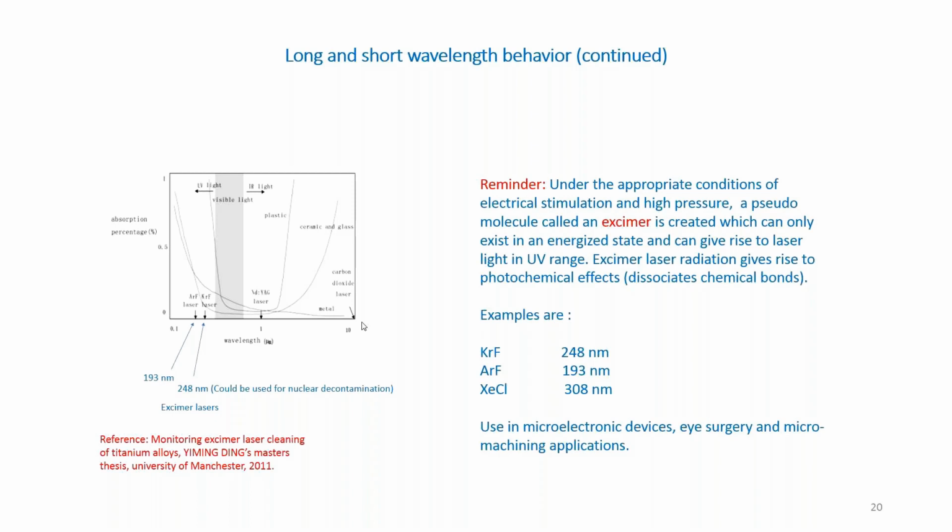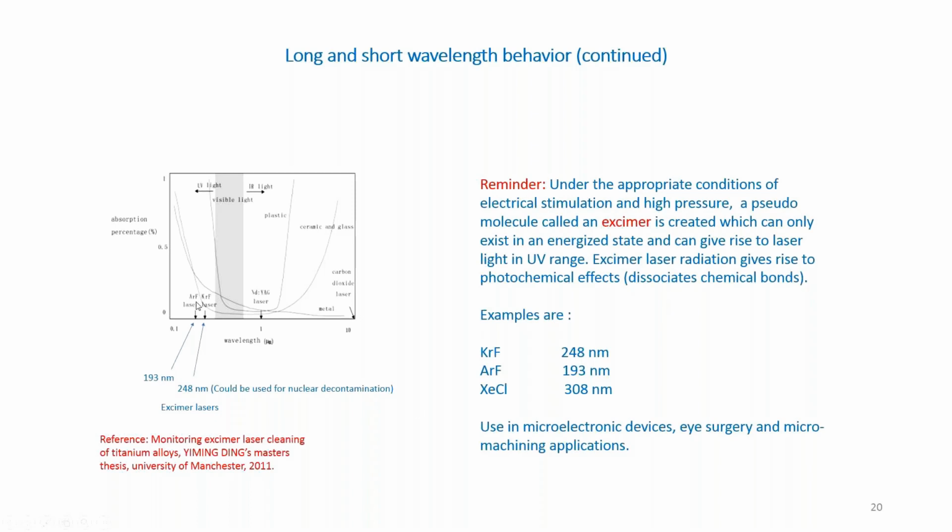You also see there are the excimer lasers. We mentioned that before. Excimer is created under high pressures and certain conditions. A pseudo molecule called excimer is created, which can only exist in an energized state and gives rise to laser light in the UV range. Laser radiation by excimer gives rise to photochemical effects, dissociates chemical bonds, and these are some examples.